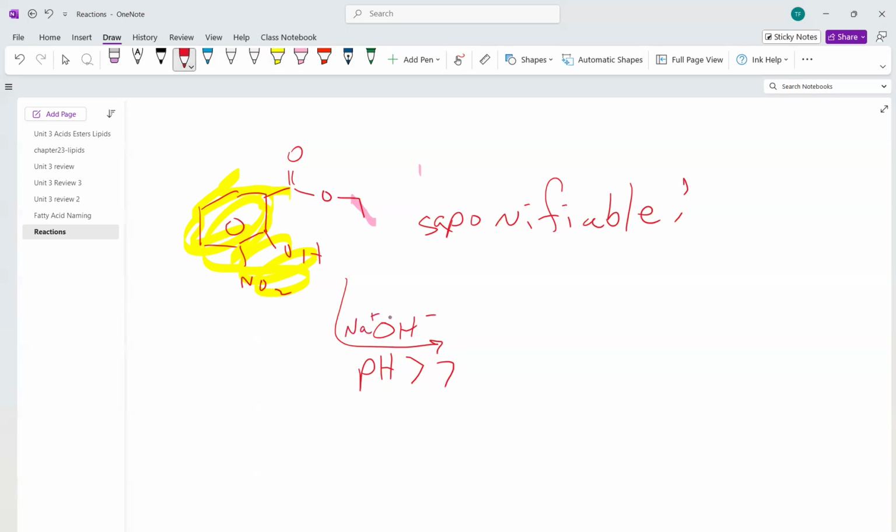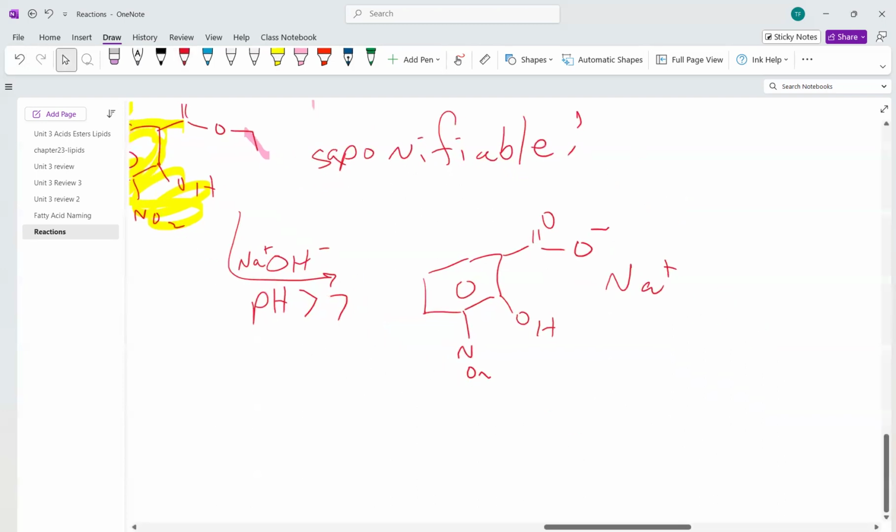If it was in a sodium hydroxide solution making the pH greater than 7, what's going to happen is we're going to take this, that's the original backbone, and make the salt from it, plus the alcohol.